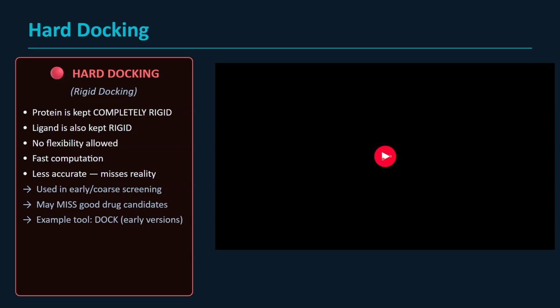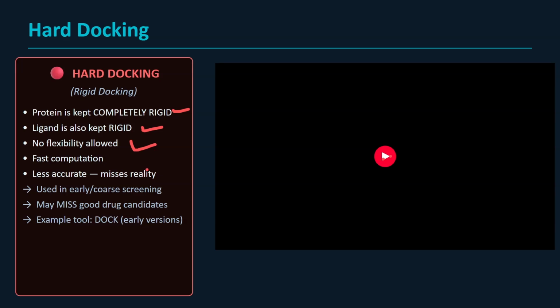Hard docking is also called rigid docking. Here the ligand is kept rigid and the protein is also kept completely rigid. No flexibility is allowed in hard docking. No means no part of it moves at all.